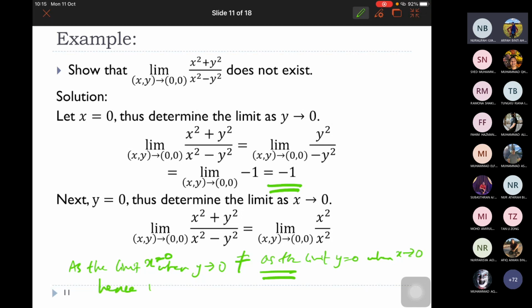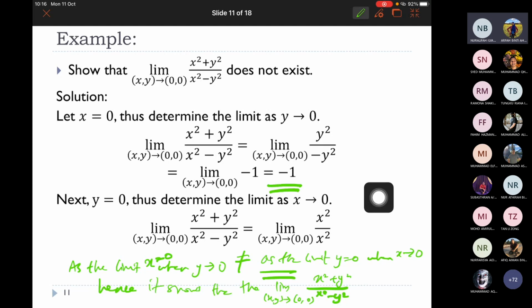Hence, it shows that the limit of x, y approaches 0, x squared plus y squared over x squared minus y squared does not exist. Okay. So itu sebab kenapa dia tak exist. Because the limit for the two functions is not the same.